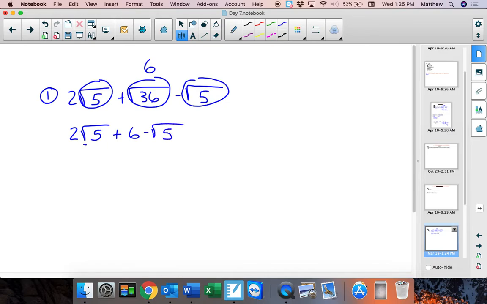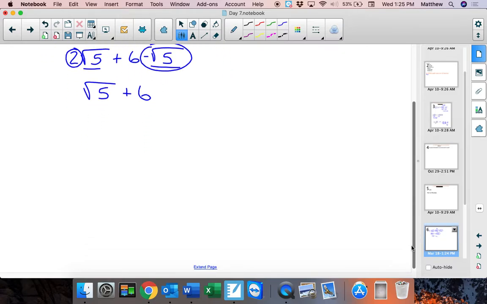Now I notice I have a root 5 here and a root 5 here, so I can combine those. 2 of them minus 1 of them gives me 1 root 5. So 1 root 5 plus 6 would be number 1.